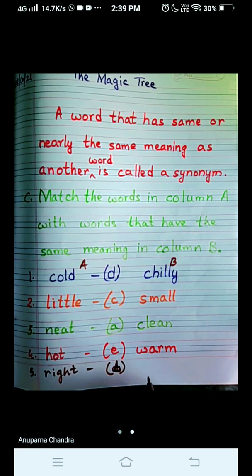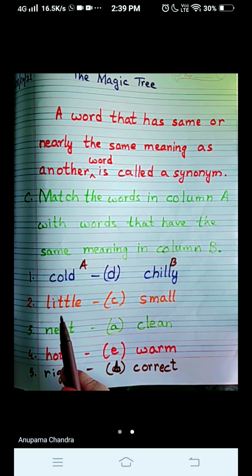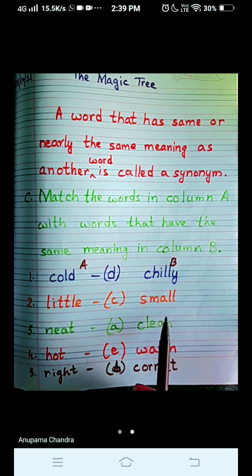That is correct, C-O-R-R-E-C-T, correct. Okay. So see, children, both the words have the same meaning or nearly the same meaning. That makes them synonyms. Cold, chilly, little, small, neat, clean, hot, warm, right, correct.